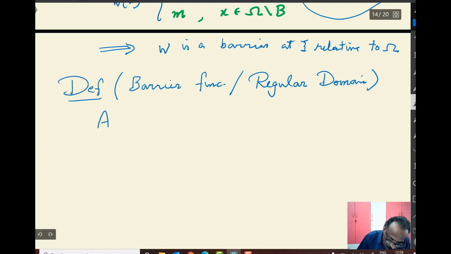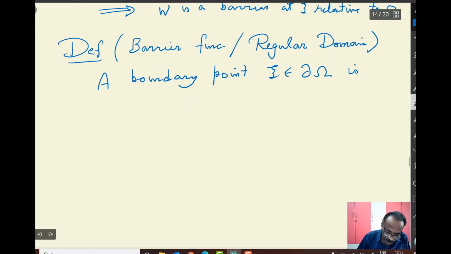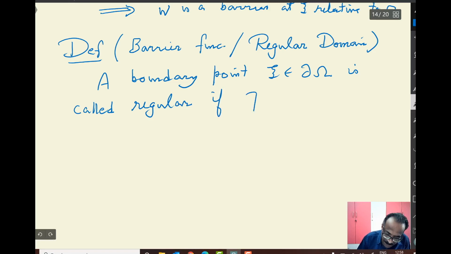So a boundary point psi in the boundary of omega is called regular if there exists a barrier.